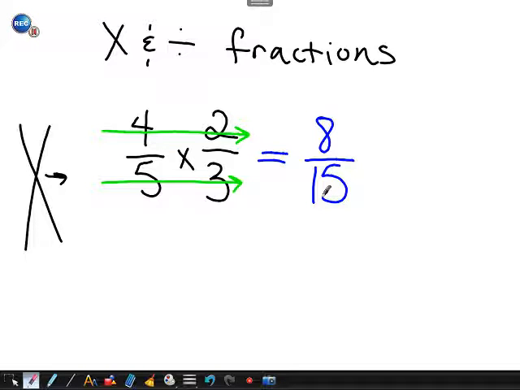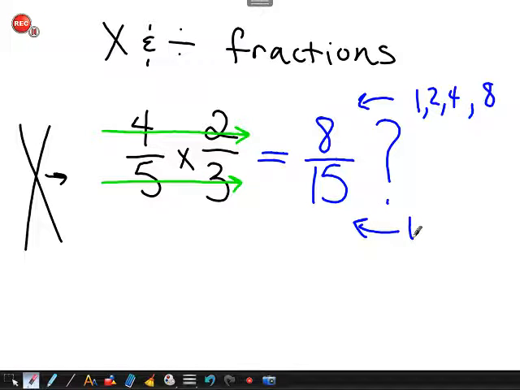And we have to ask ourselves, is that simplified? Is that a reduced fraction? Well, the way to check that is to know your factors of 8. 1 times 8, 2 times 4, and my factors of 15, 1 times 15, 3 times 5.